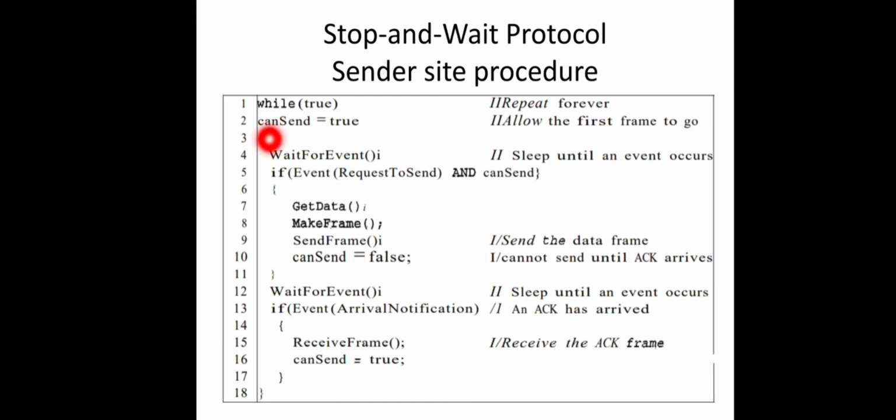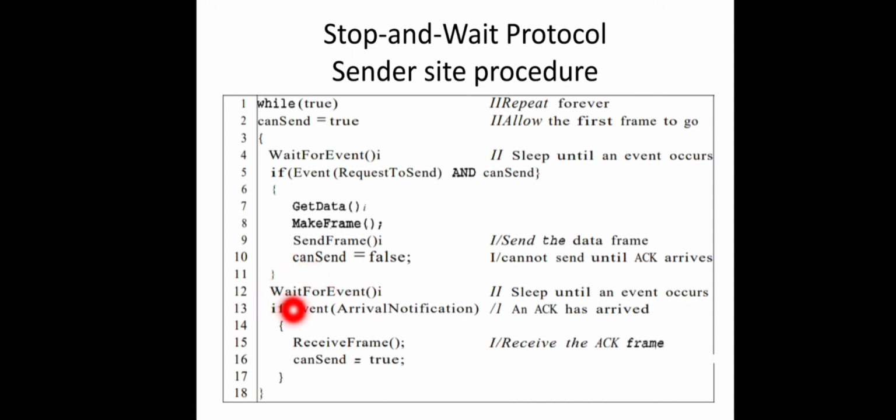So you can see the corresponding pseudocode here. First it will check this variable, whether I can send something. This is an infinite loop in which the first condition is: can I send something? If it is true, only then it takes a data packet from the network layer, makes a frame, and sends the frame. After sending the first frame, it makes the can-send value false, so that it cannot send anymore until it receives an acknowledgement.